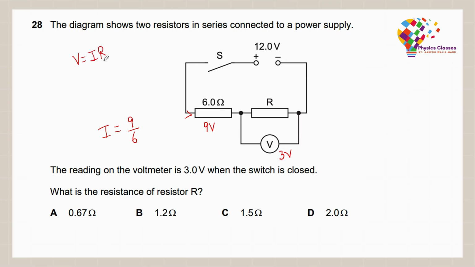If 1.5 amperes of current passes through the 6 ohm resistor, then 1.5 amperes also passes through the R resistor, because these two are in series, and in series every component gets the same amount of current. Therefore, the value of resistance here would be equal to 3 divided by 1.5 amperes. That gives me an answer of 2 ohms. Therefore, the value of R is 2 ohms and option D is the correct answer.